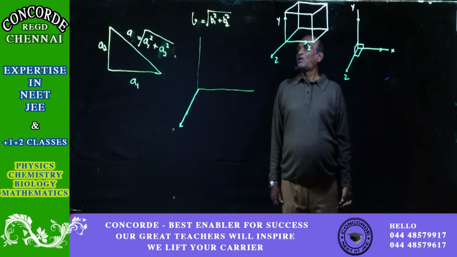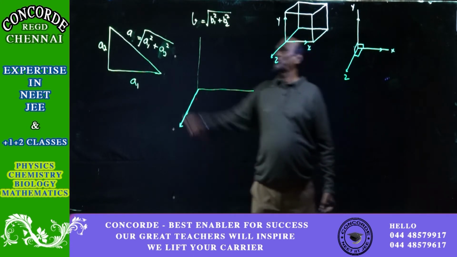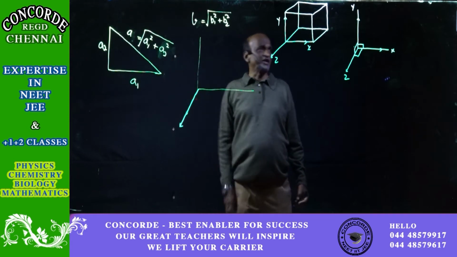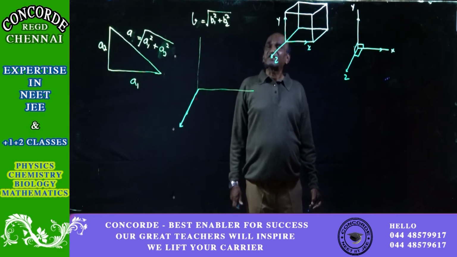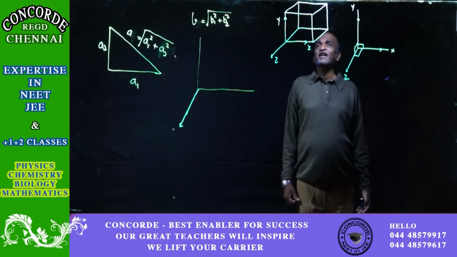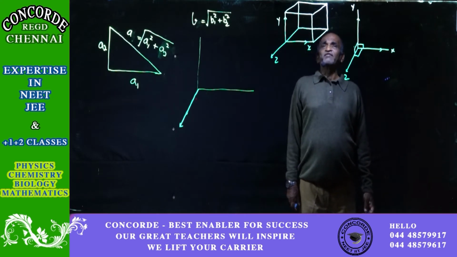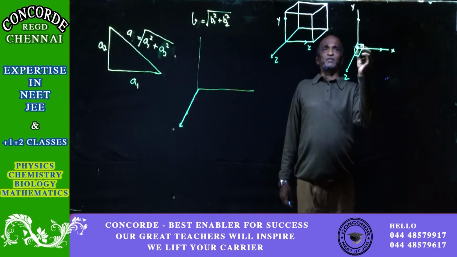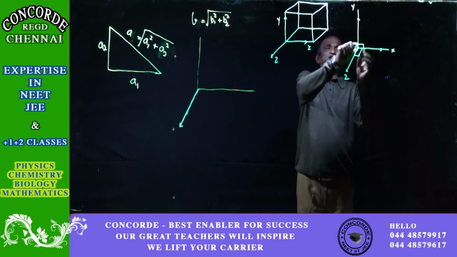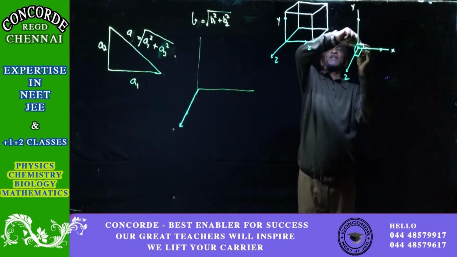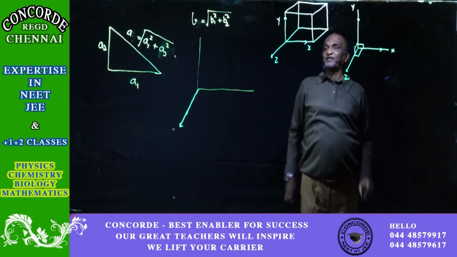Now, when you take only 2 dimensions, the x-axis and the y-axis, you have A1 and A2. When you take 3 dimensions and you have got a line or a vector which is given by the direction such that it has effect in all the 3 dimensions, that is, it has got a component in the x direction, a component in the y direction, and also a component in the z direction.